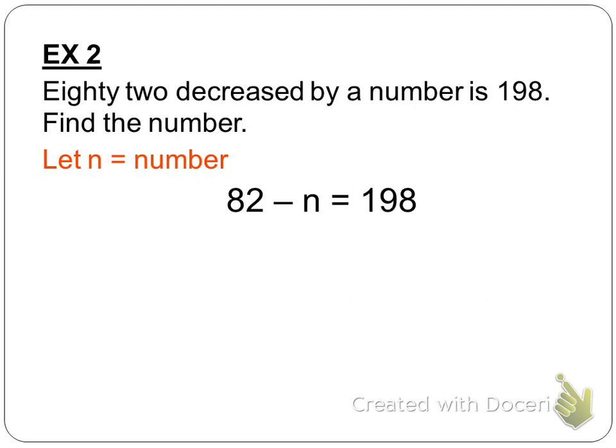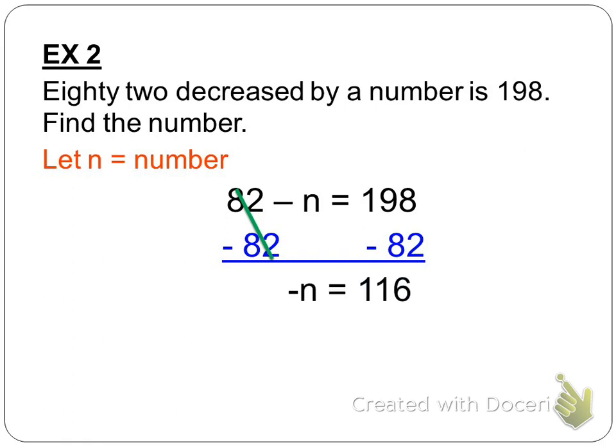Yes, I need to subtract what? 82 from both sides of the equal sign. Good. When I do that, I get negative N equals 116. Am I done?